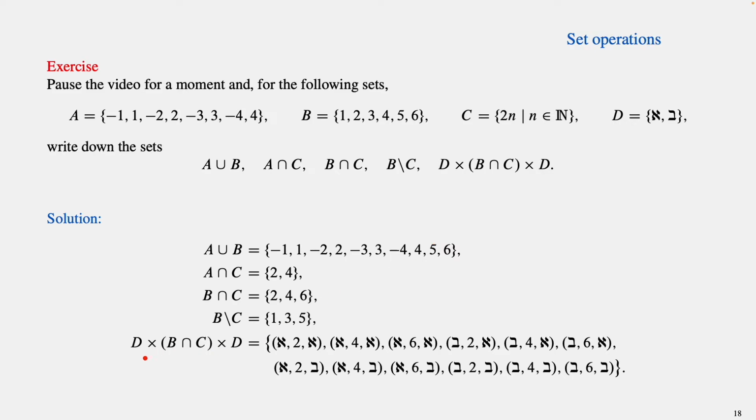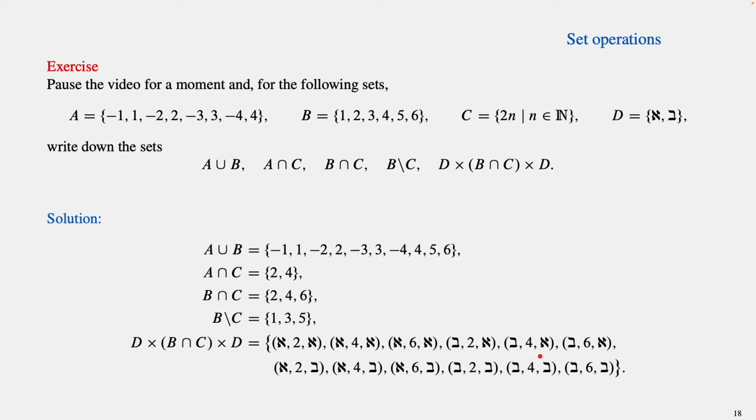So we have to form all the combinations of one of these two symbols in D, one of the 3 elements in B intersection C, and again one of the 2 symbols in D, in order to get all the elements in the Cartesian product D times B intersection C times D. And I did this here.